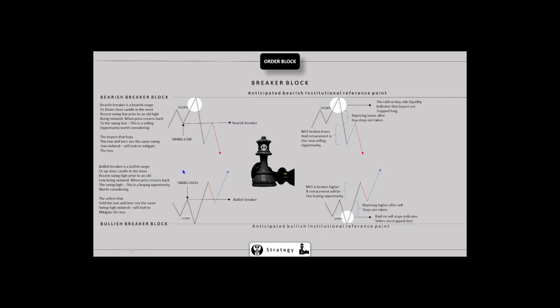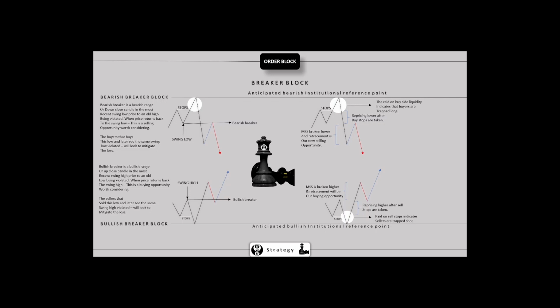And the bullish breaker is a bullish range or an up close candle at the most recent swing high prior to an old low being violated. When price returns back to the swing high, this is a buying opportunity worth considering.